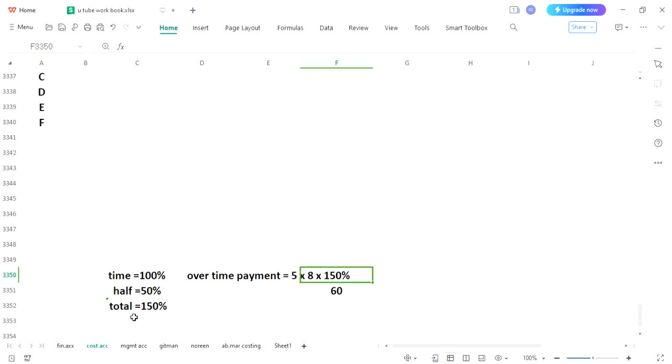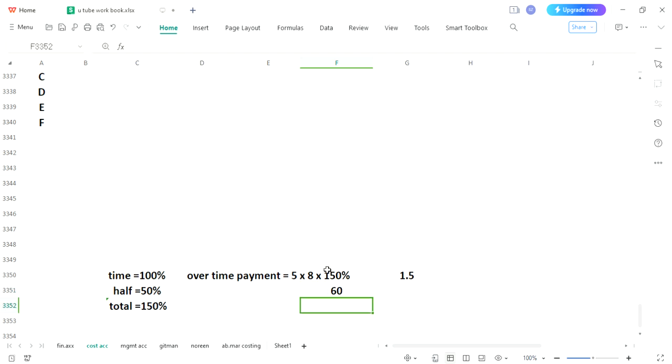One more thing I'm going to let you know, 150%. Percent means divided by 100. So in this way your point is 1.5, and here you have written 1.5. Hopefully you have understood. Overtime hours multiplied by per hour and multiplied by overtime rate 1.5 or 150%.